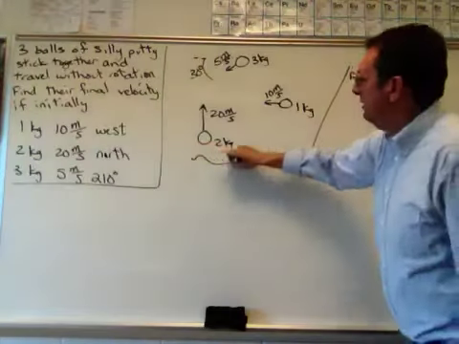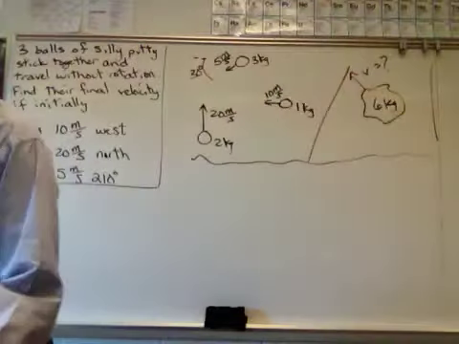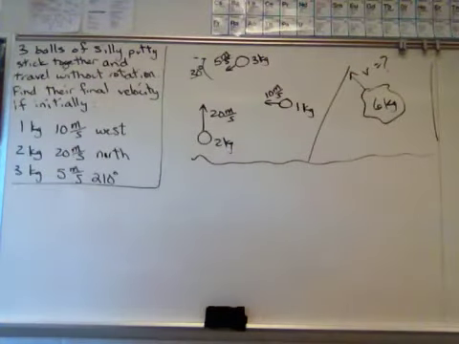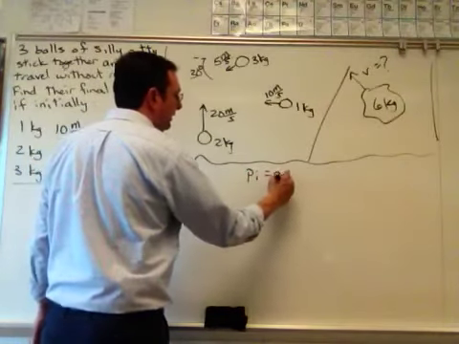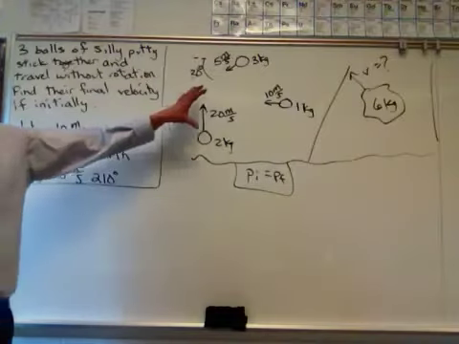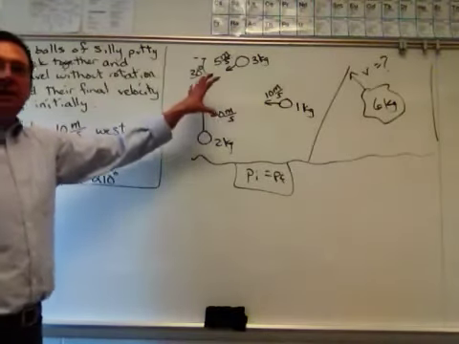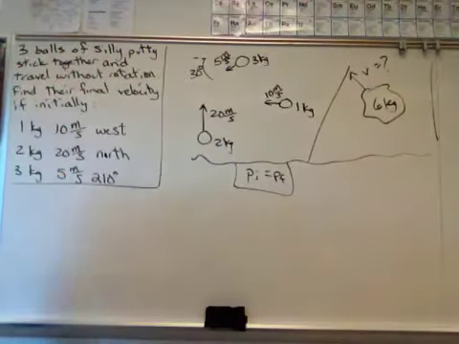So you have the whole situation all pictured, and what we have to do now is find the initial momentum, because we know that the initial momentum of the whole system is equal to the final momentum, assuming that this is a closed system and there are no net external forces applied to them.